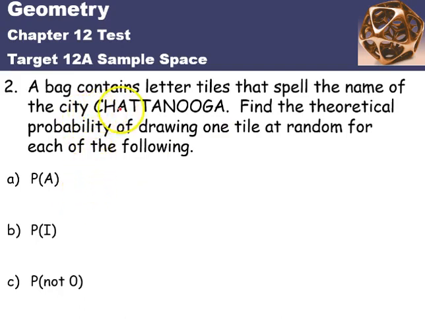So first of all, we need to know how many letters are in Chattanooga. So let's just count. 1, 2, 3, 4, 5, 6, 7, 8, 9, 10, 11. So I'm just going to double check, but I think there's 11. 1, 2, 3, 4, 5, 6, 7, 8, 9, 10, 11. Yep, there are 11 letters in the word Chattanooga.